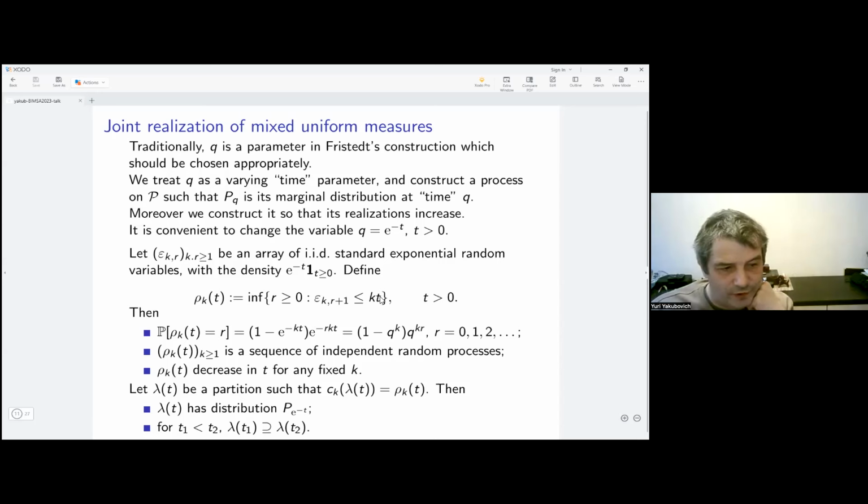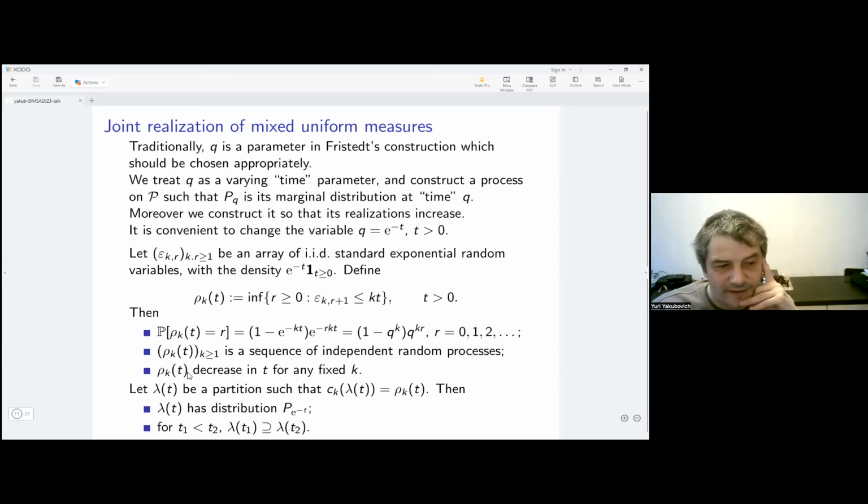So for each t, we can do it, and from the very definition it follows that this, as a function of t, is a function that, I wrote decrease, but it should be doesn't increase.